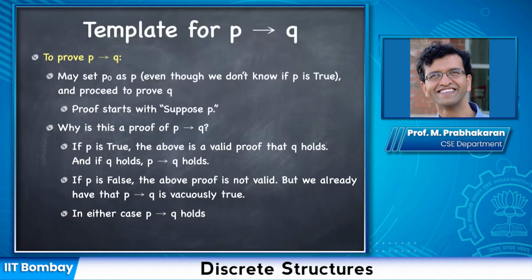Now if you feel a little uneasy, that this is not quite sticking to what we set down as the framework for proofs, well, then you can actually rephrase this as a proof which is sticking to that framework. So the first statement here is not P, but P implies P1.